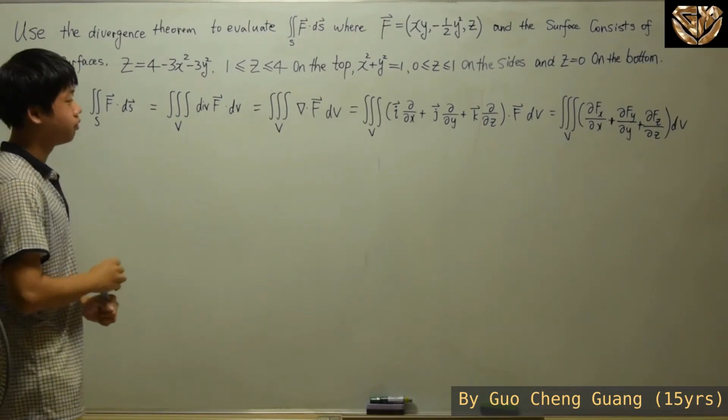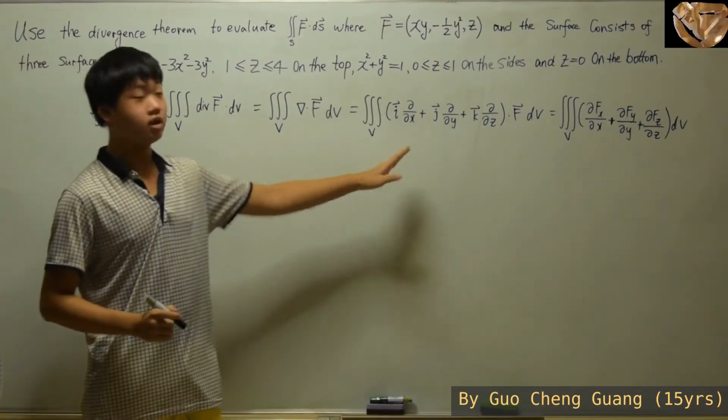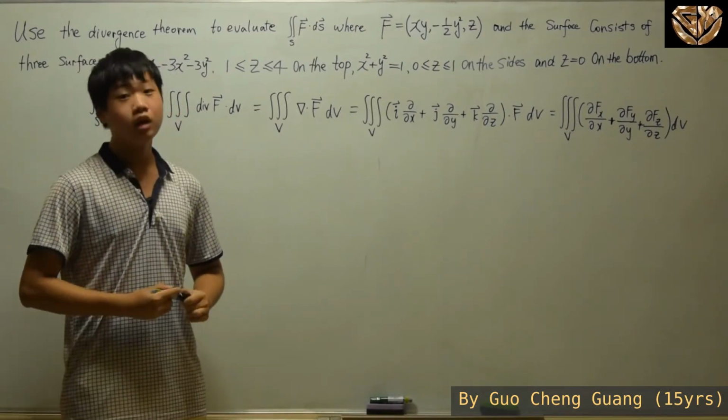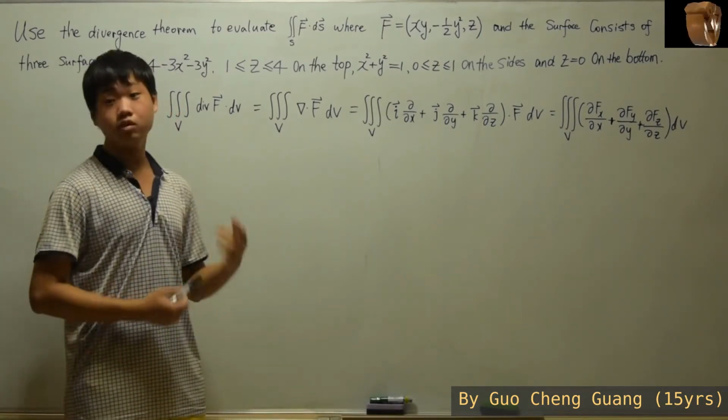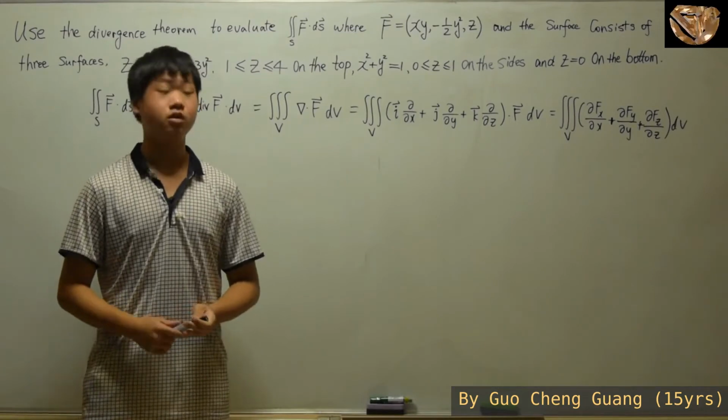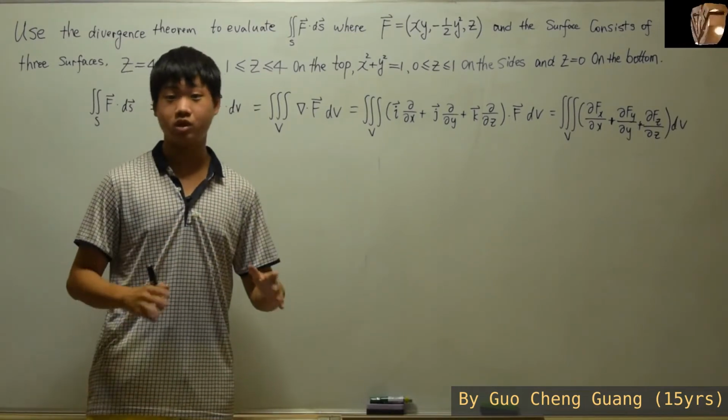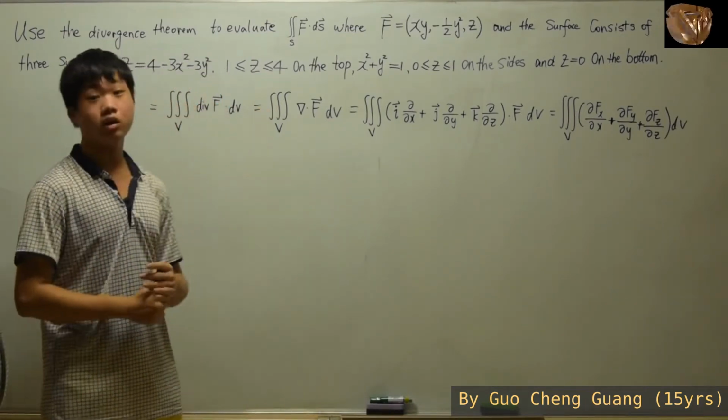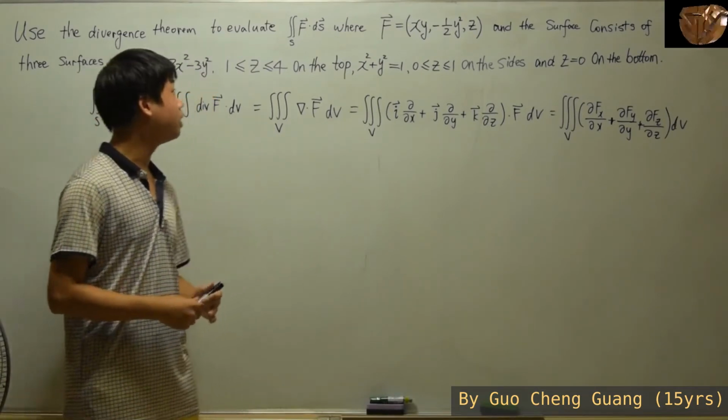So now that we know what this theorem looks like, let's take a look at some kind of a use that we can have for it. So of course, there are many different types of uses that you can have, and this example here is just one of them.